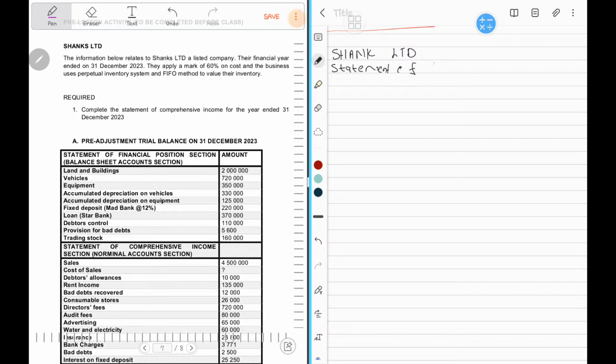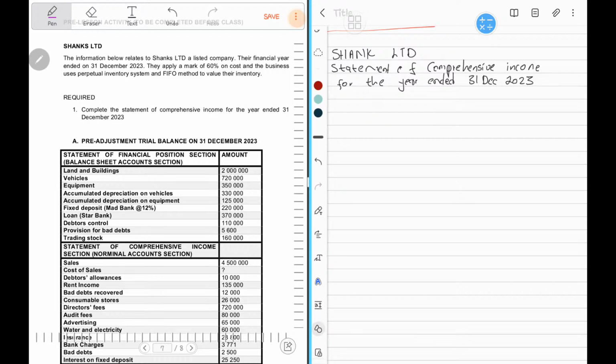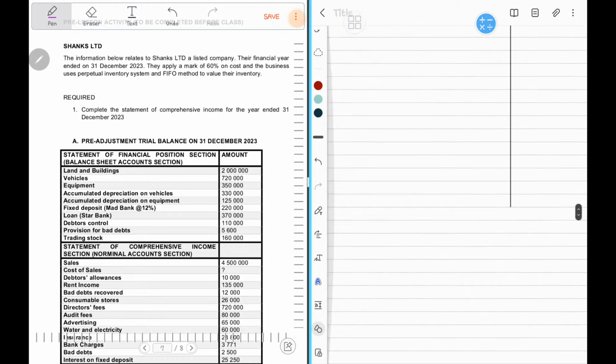Statement of comprehensive income for the year ended 31 December 2023. Okay, so let me just put a line here.